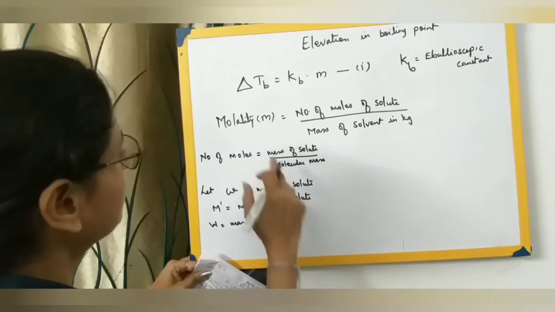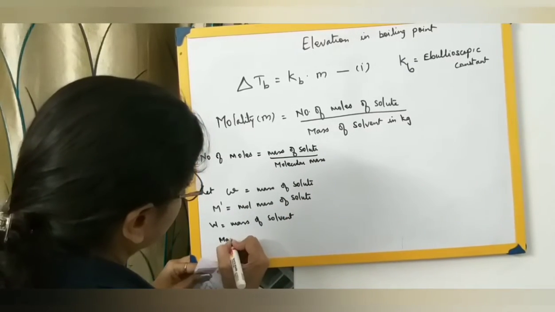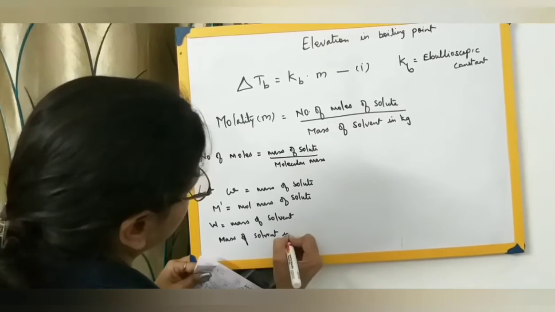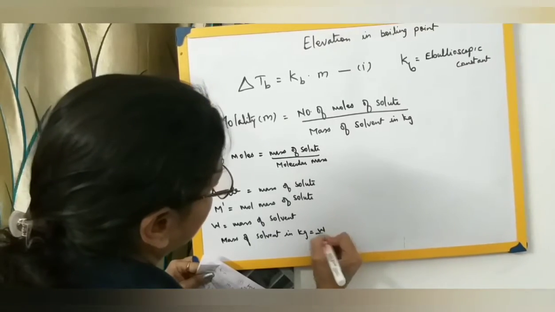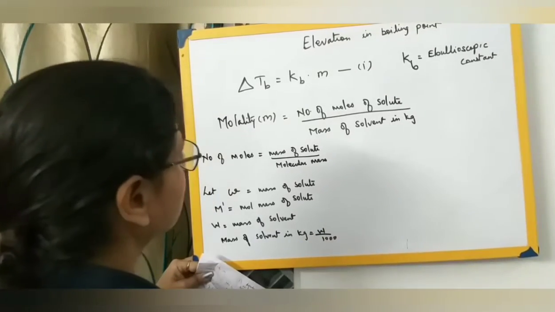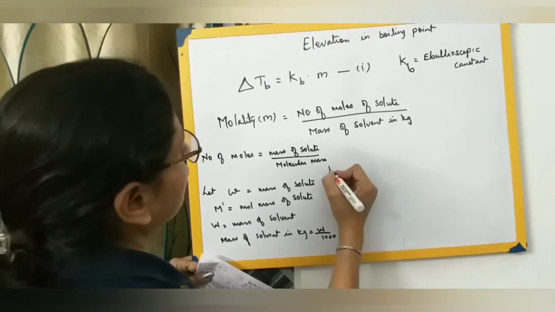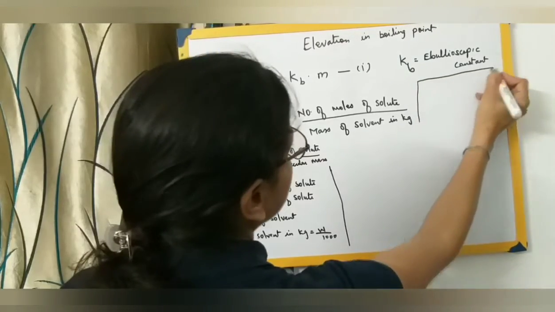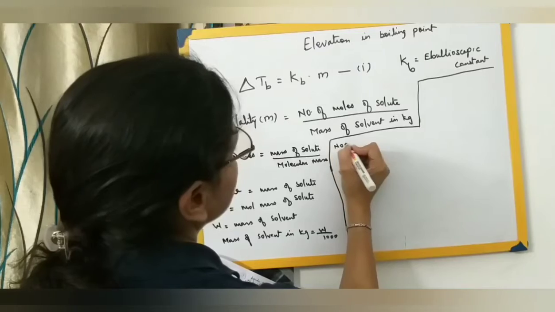So the mass of solvent in kg will be capital W upon 1000. Similarly, the number of moles will be this mass w upon M dash. Let me write it down somewhere so that I get sufficient space to show you.